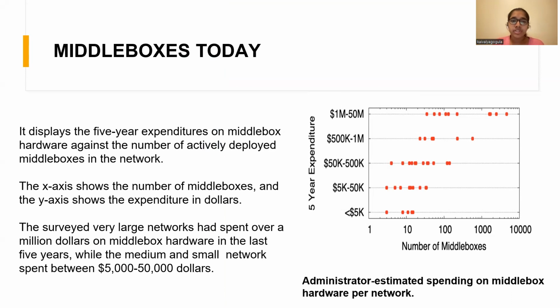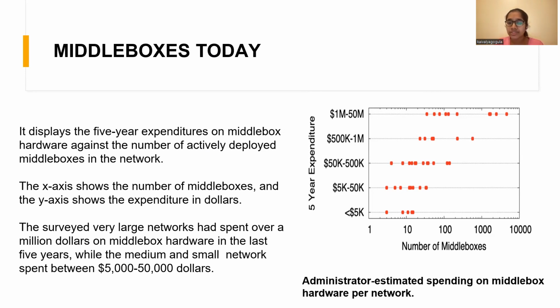Next, middle boxes today. It tells us how middle boxes are being used nowadays. Here we can see a graph that shows how much we are spending on middle box hardware per network. It displays the 5-year expenditures on middle box hardware against the number of actively deployed middle boxes in the network.